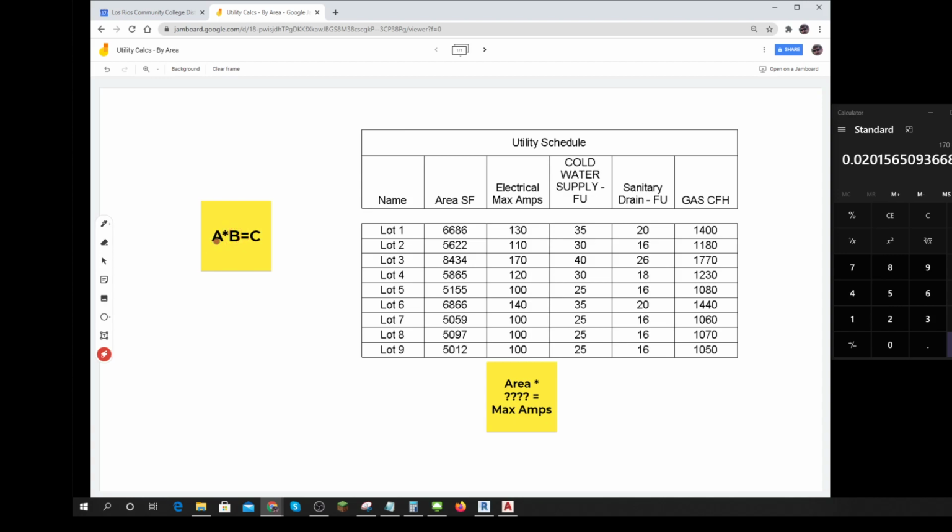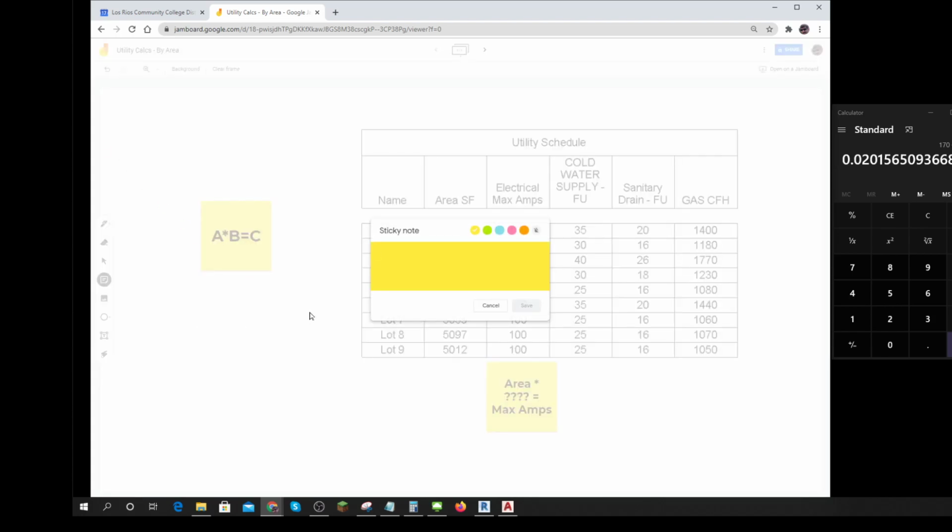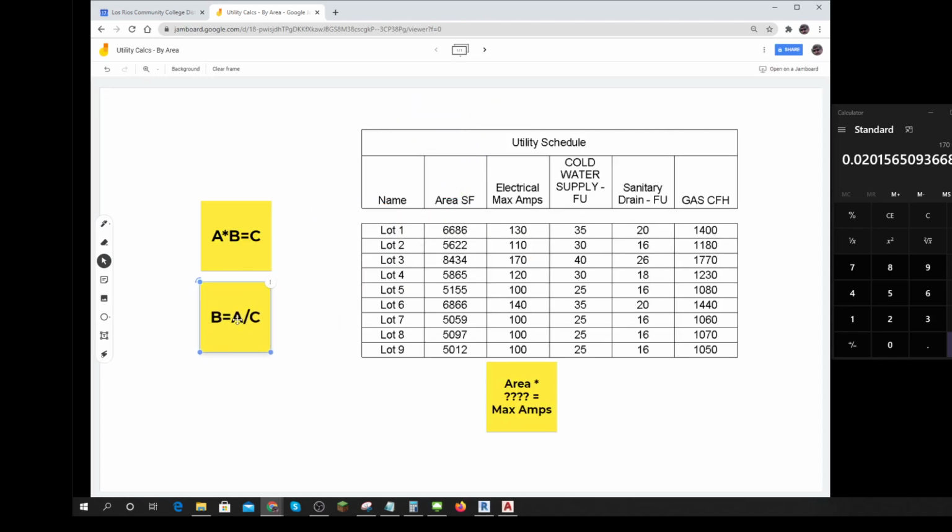I have to move this over. It goes on the bottom. So I'll rewrite that. B equals A divided by C, and I'll make it capital.